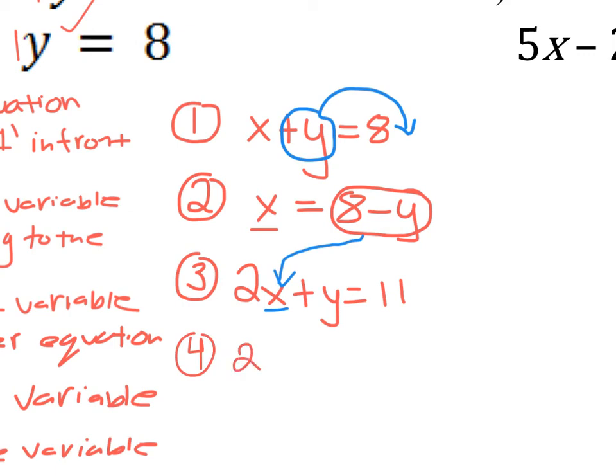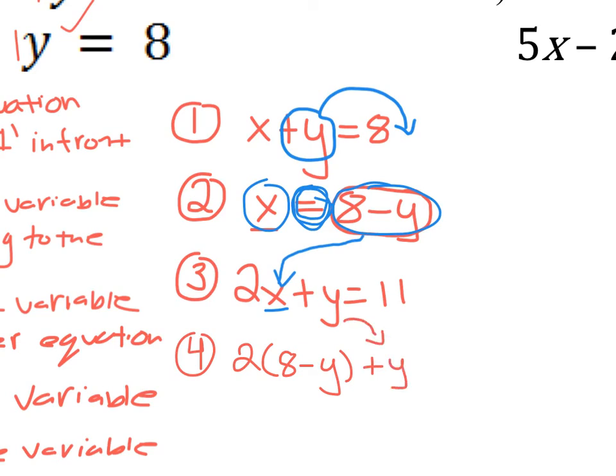So the 2 doesn't go anywhere. The 2 is a part of the equation. But now I'm going to be replacing that x with 8 minus y. Because at the beginning here, it's saying x is, that's what that equal sign means, 8 minus y. So 2 times the bracket 8 minus y, plus, then I'll continue the equation, plus y equals 11.